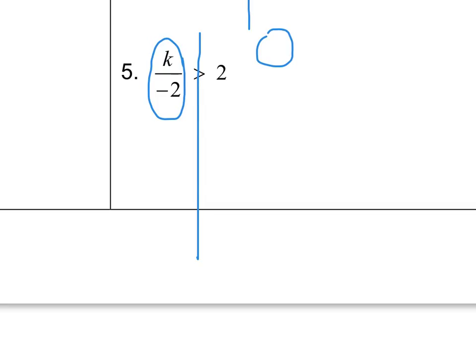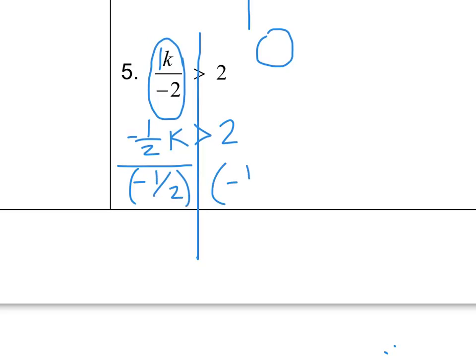So this is really, I'm going to just rewrite this as, I have a little 1 in front of that k. So this is really negative 1/2 k is greater than 2. So when I divide, I'm going to divide by negative 1/2 on both sides.